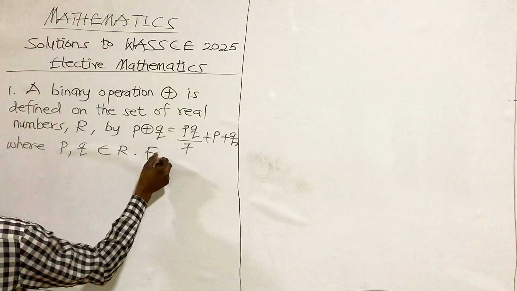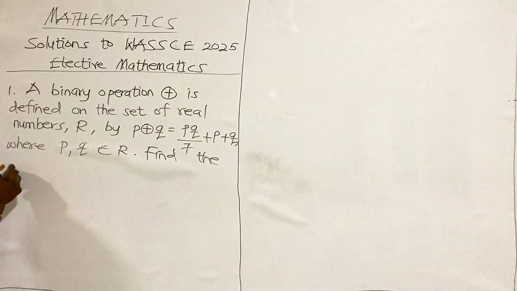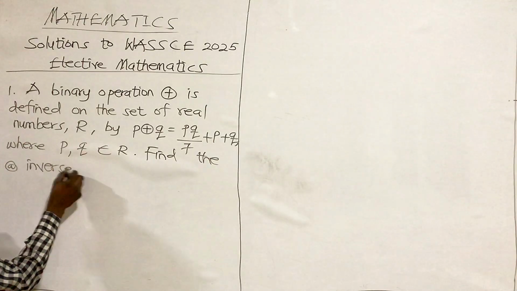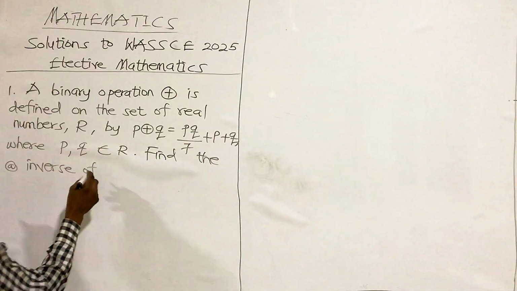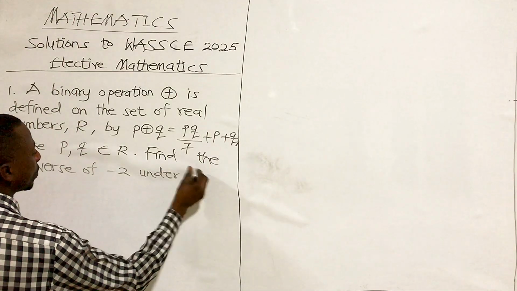Find A, the inverse of -2 under circle plus.